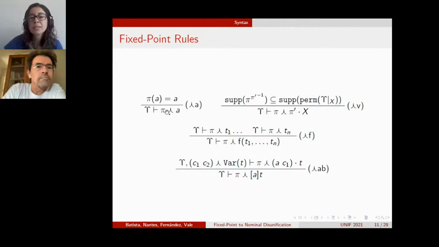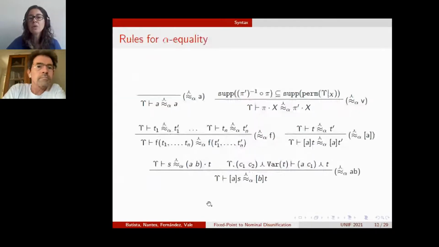And pi fixes A if pi of A is equal to A. Pi fixes an abstraction of A in T if, this is a bit more evolved, pi fixes (A C1) acting on T, where C1 and C2 are new names that do not occur anywhere in T or in upsilon. And for implementing alpha equivalence, we have all these rules.